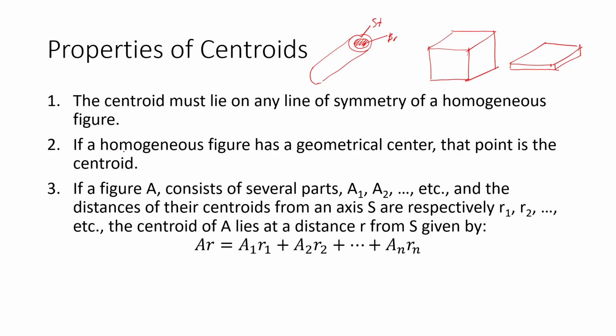Okay, so the homogeneous figure has a geometrical center, and that point is the centroid. A figure A consists of several parts. Let's say you have an irregular shaped polygon.